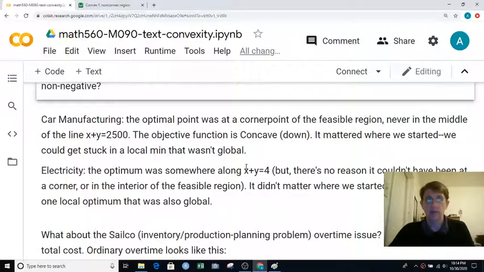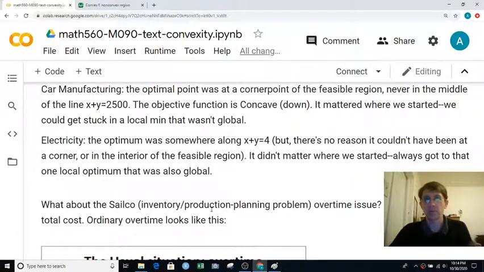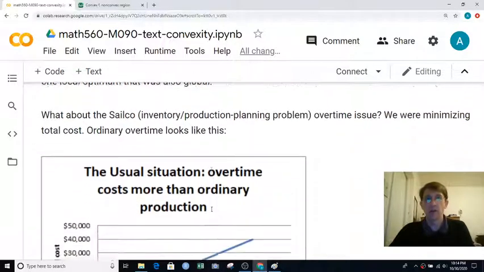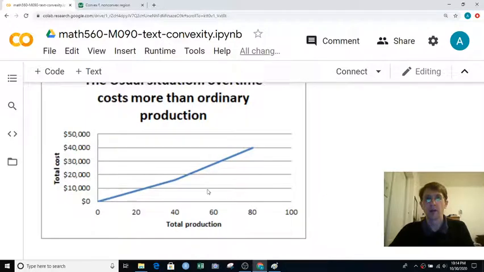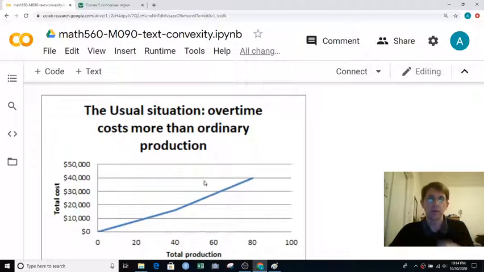And then another thing we can look at, way back when we talked about an inventory production planning problem. When we had ordinary overtime, where overtime costs more than regular time, we made a graph of it.